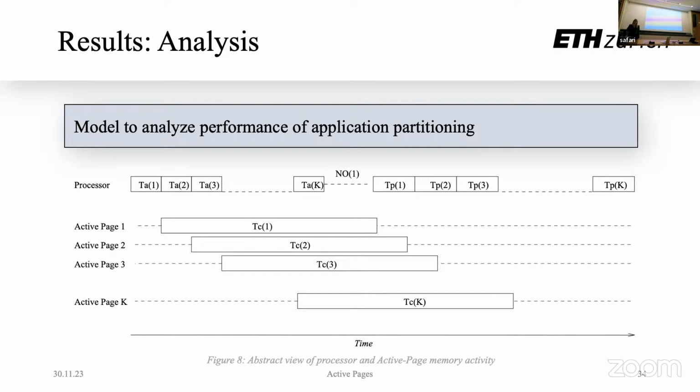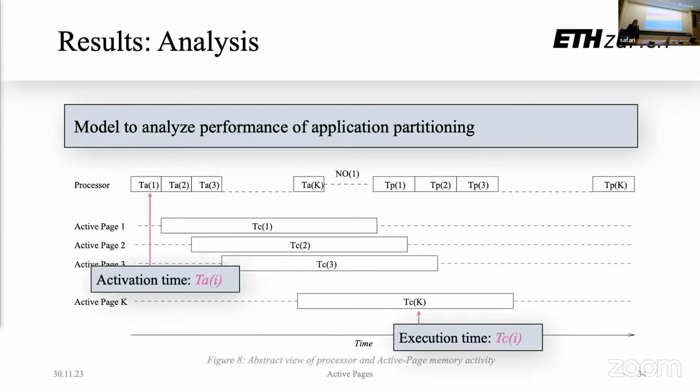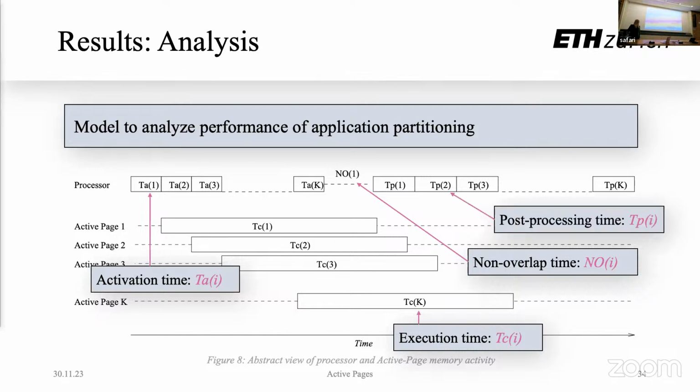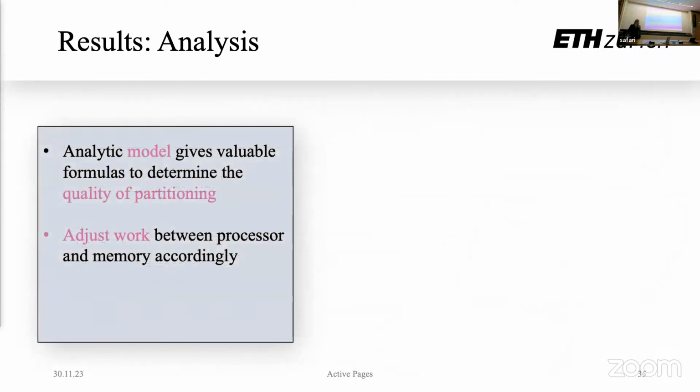Even though this application is largely simplified, we have the four key components, which are the activation time, the execution time of each active page, the time the processor spends waiting on active pages, and the post-processing time.